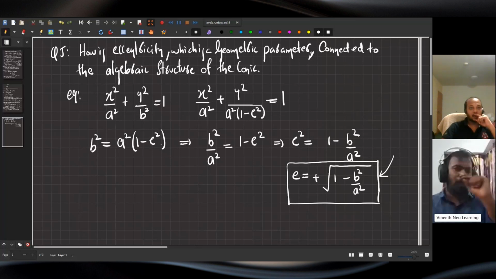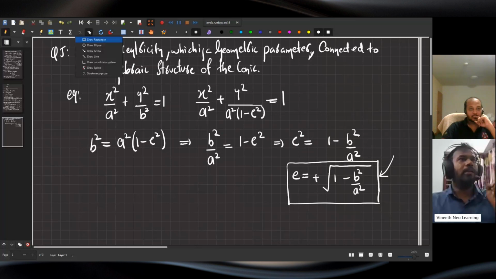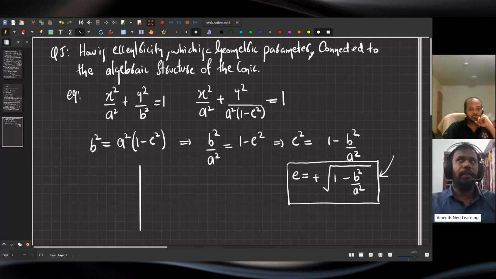Let me touch on another point. What is eccentricity? What is that number? It is purely geometric, not algebraic. Eccentricity is defined for every conic. There are two important geometric objects for every conic. For instance, say for a parabola, we have a parabola here.